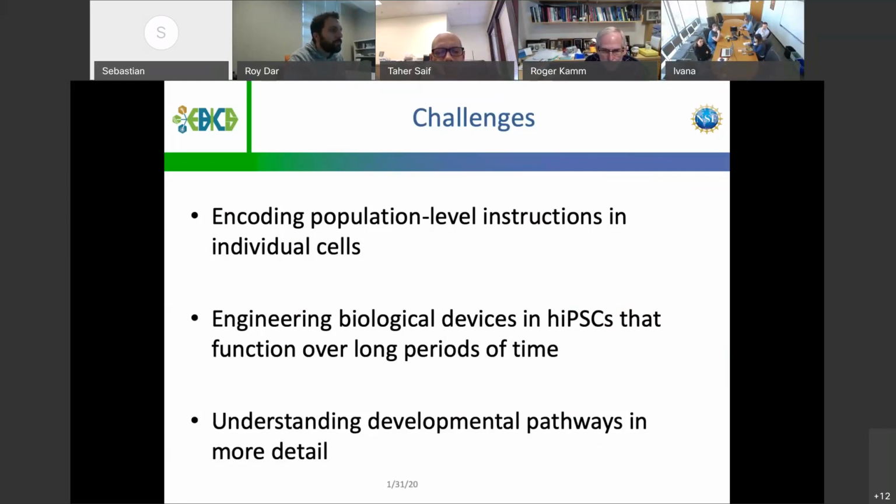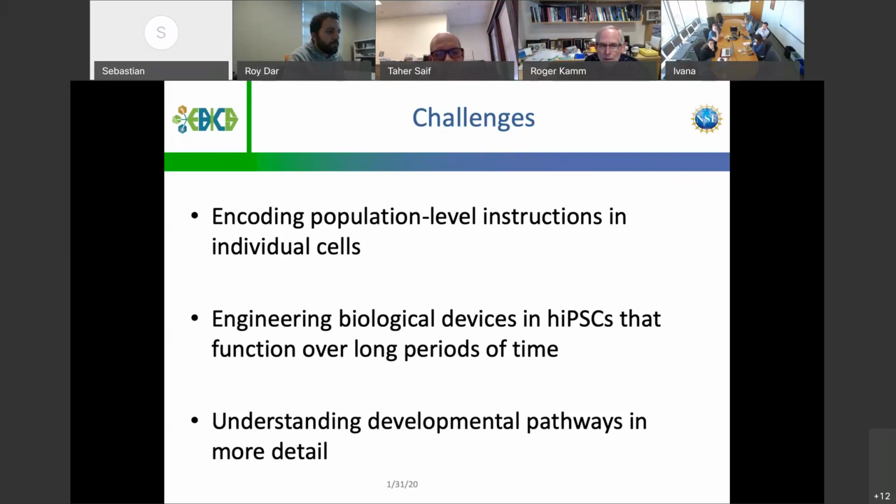But things are much more difficult when we try to engineer instructions at the population-wide level. We can engineer cells to have specific functions, but it is much less clear how we can engineer population-level instructions, for example, for organoid development.